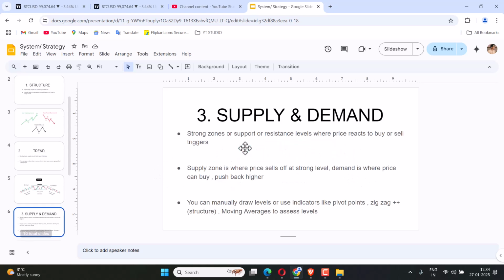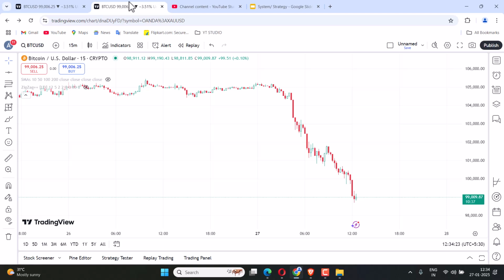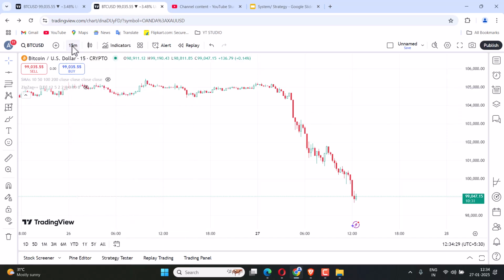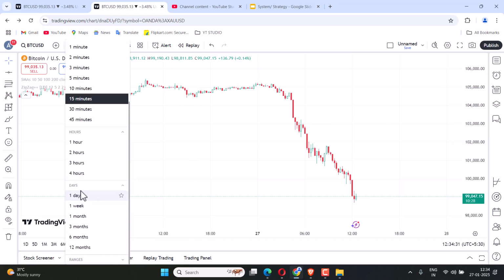So let's get on with the next one, which is supply and demand, okay? This is where the price sort of bounces up and down, places where price sees strong levels for buying or selling.